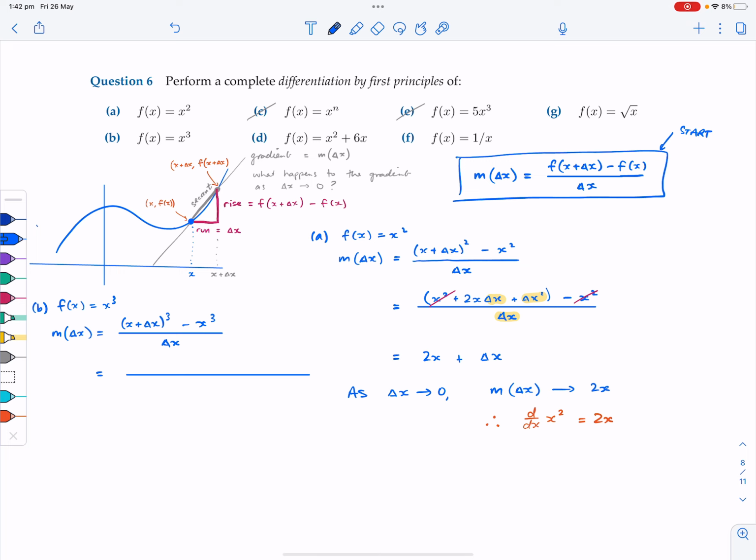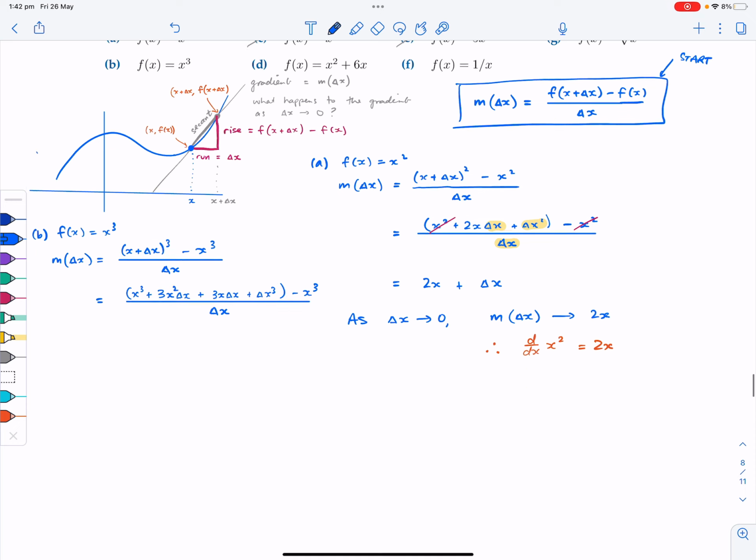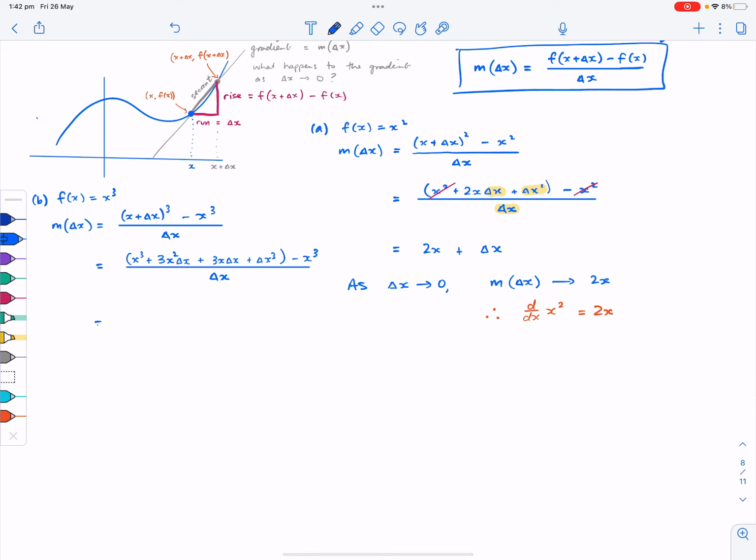Okay, now we know how to expand a cube. We get x cubed plus 3x squared delta x plus 3x delta x squared plus delta x cubed, and then minus x cubed. So you can see that has expanded to that, right? Pascal's triangle, that sort of thing.